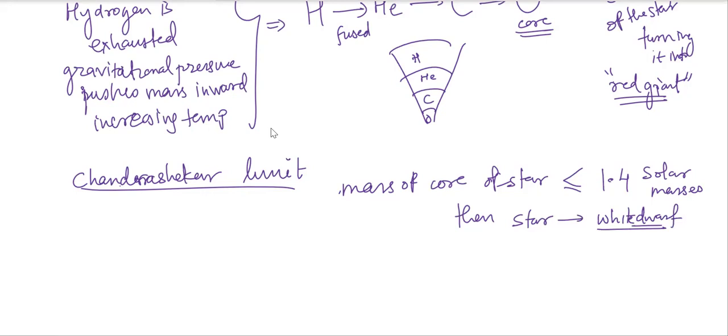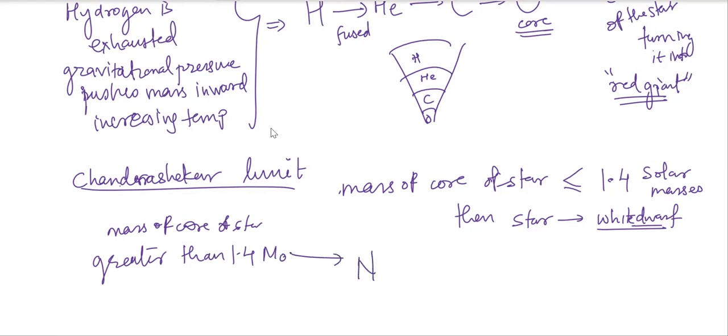But if the mass of the core, not the mass of the star, the mass of the core of the star is greater than 1.4 solar masses, then it can turn into something that we call a neutron star.